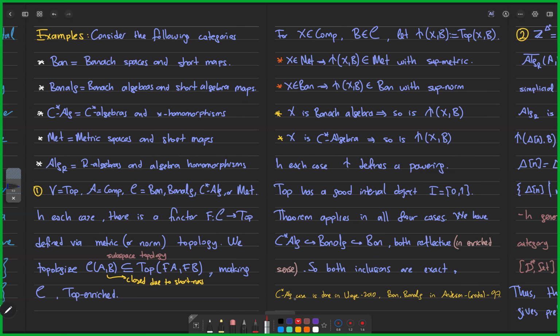I mean, the C*-algebra case is proven in this paper, and these inclusions are exact because they both have left adjoints, so they are all homotopical, and these left adjoints actually are enriched left adjoints.